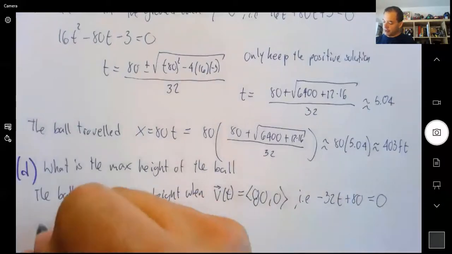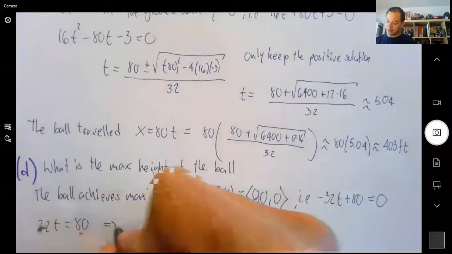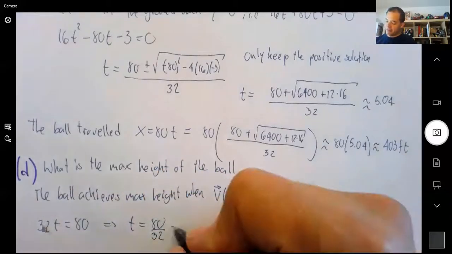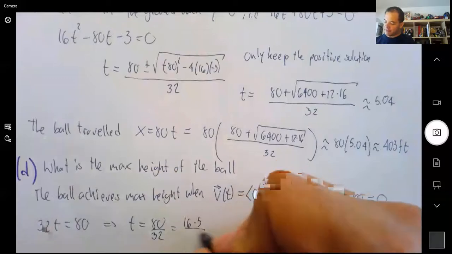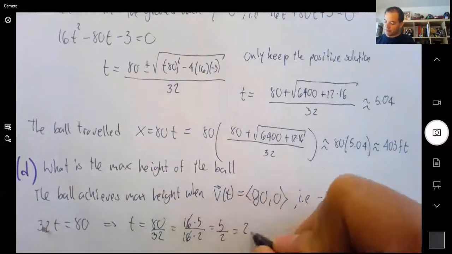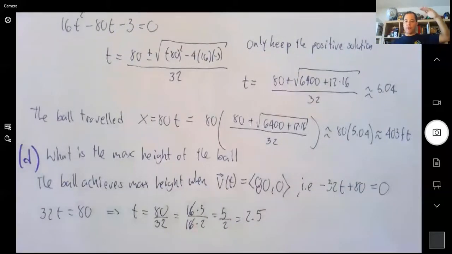If you solve for t, this tells you that 32t is 80, so t is 80 over 32. This is 16 times 5, and this is 16 times 2. So this is 5 halves, that's 2.5. So right at 2.5 seconds, we have maximum height.